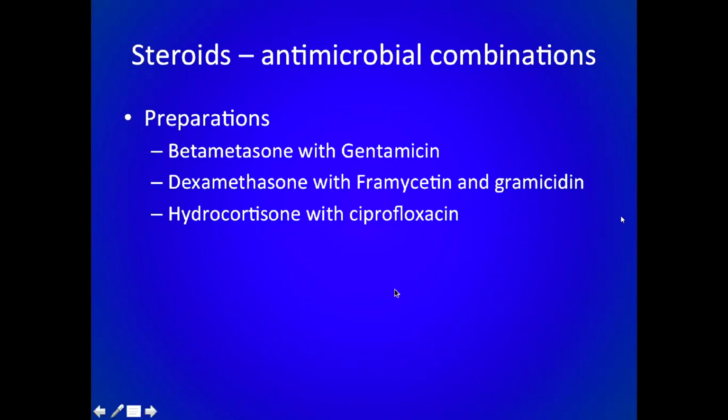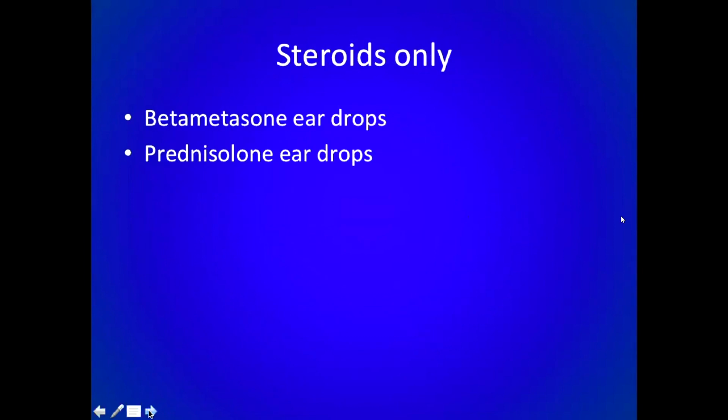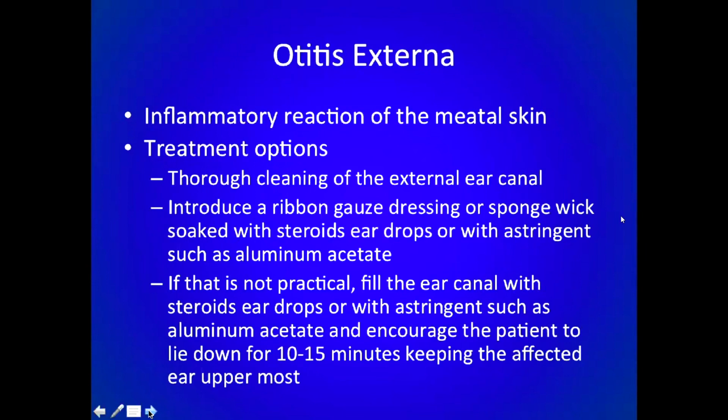But when you see an antibiotic plus steroid combination, avoid aminoglycoside combinations, because if there is a perforated eardrum, aminoglycosides can go in and cause ototoxicity. So these are the adverse effects of this steroid antimicrobial combination. There are some preparations, and most of them are with aminoglycoside, so we have to be very careful if the eardrum is already perforated.